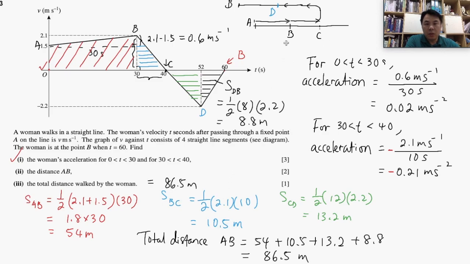So the total distance is 64.5 meters. And then CD is 13.2 meters, so the position is correct.